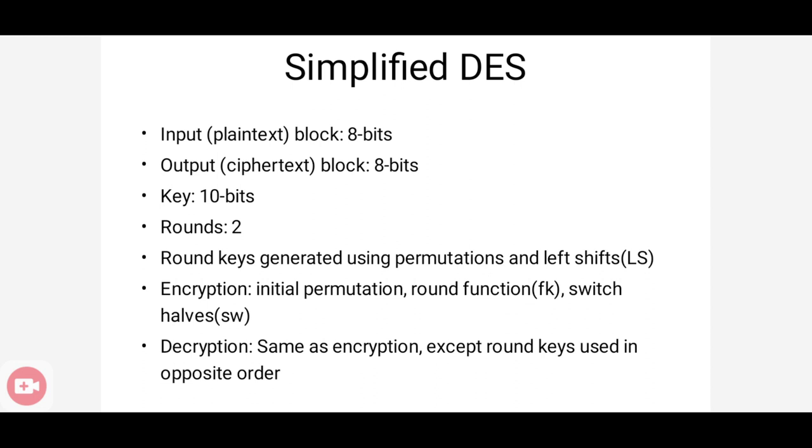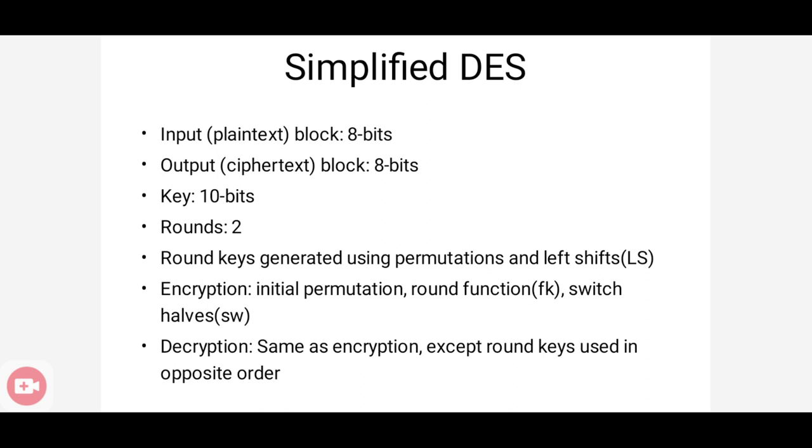Clear? So the first encryption algorithm that we can study is simplified DES. Here there are two rounds used. Already the Feistel structure is explained with 16 rounds, but in the simplified DES mechanism we have two rounds.